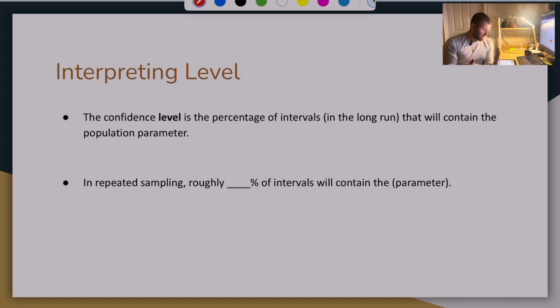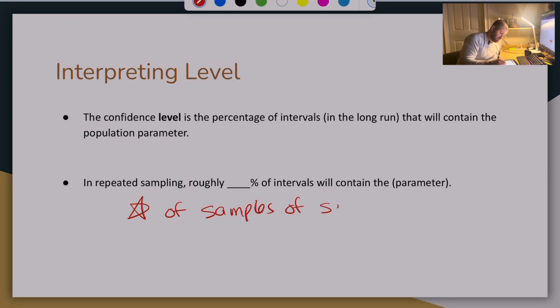And so the bullet point that I have here, the very short form: in repeated sampling of samples of the same size, whatever that size is, whatever your confidence level percentage is, that percentage of intervals will contain the population parameter.